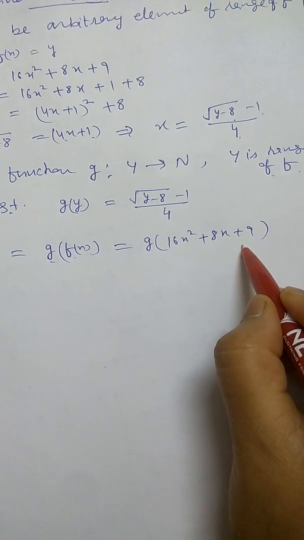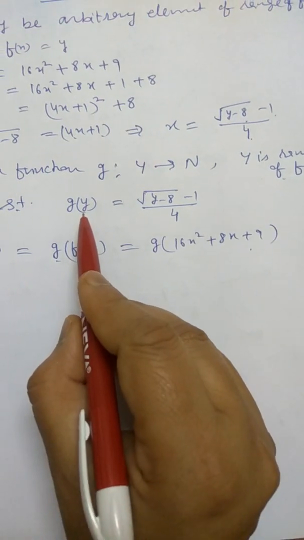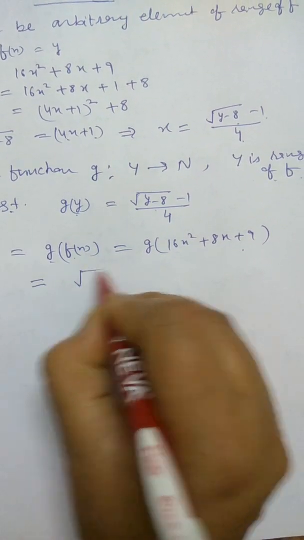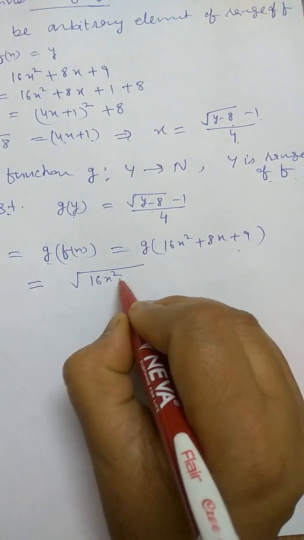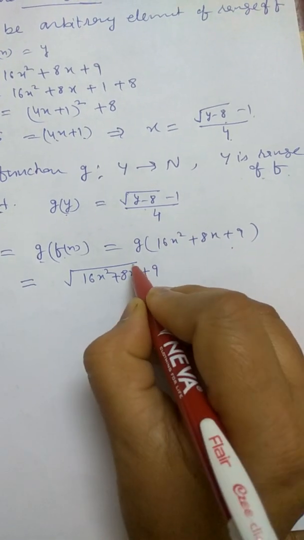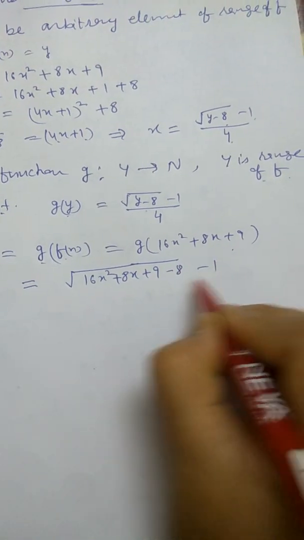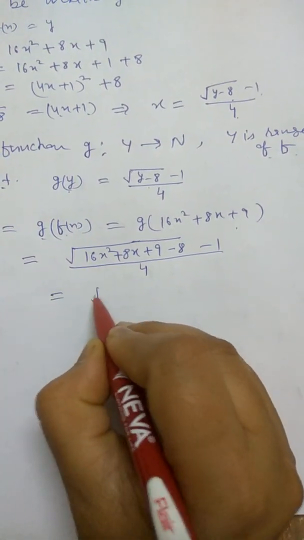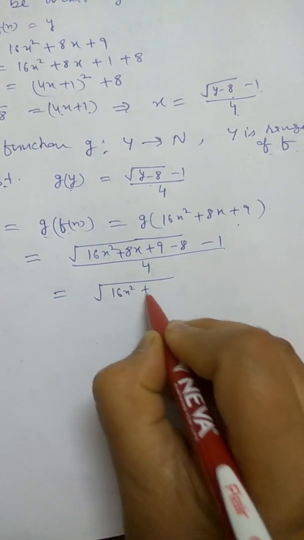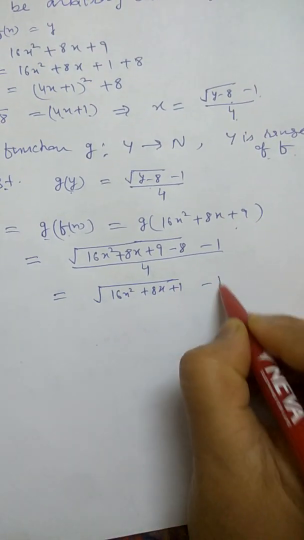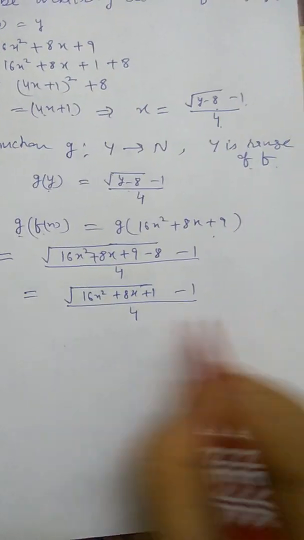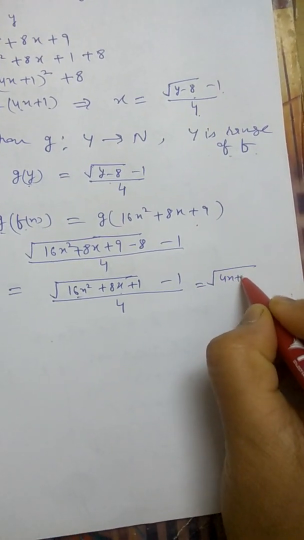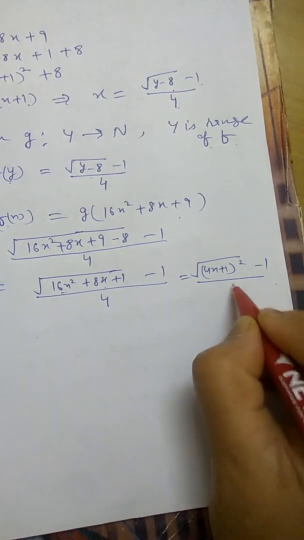Substitute this value in place of y in g, and it becomes (square root of 16x square plus 8x plus 9 minus 8, minus 1) divided by 4. And therefore it becomes (square root of 16x square plus 8x plus 1, minus 1) divided by 4, and that is the whole square of 4x plus 1.